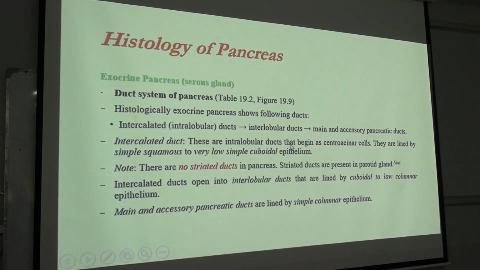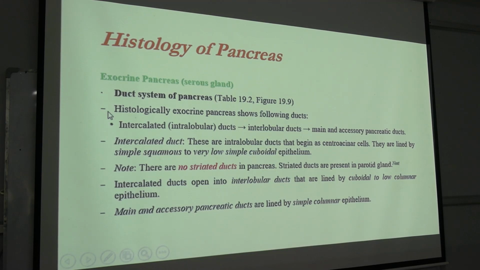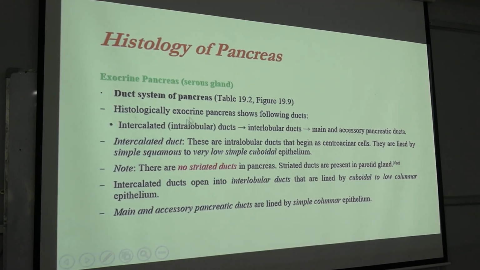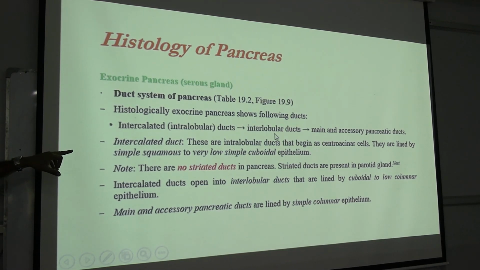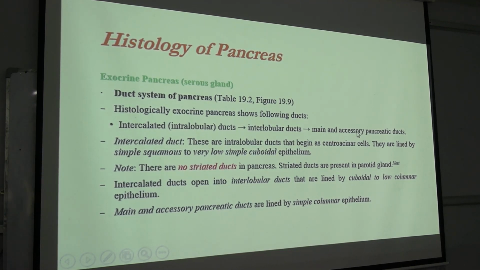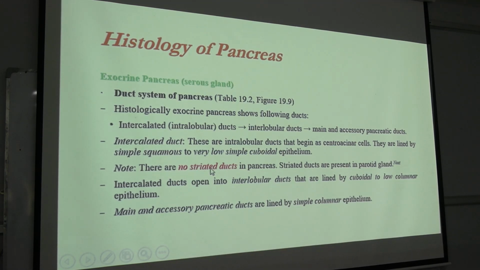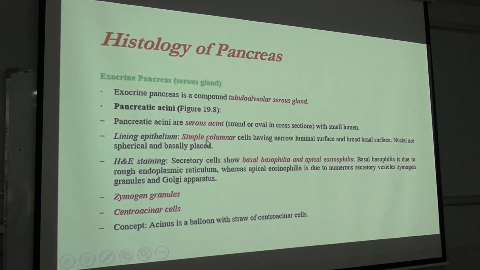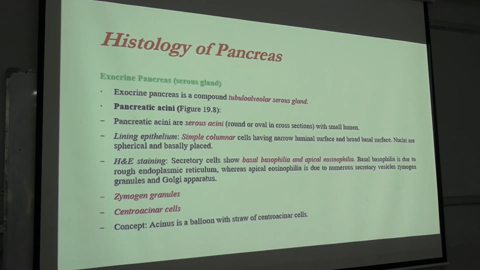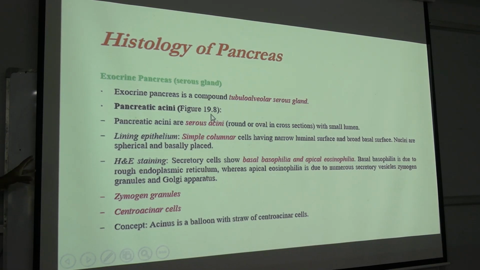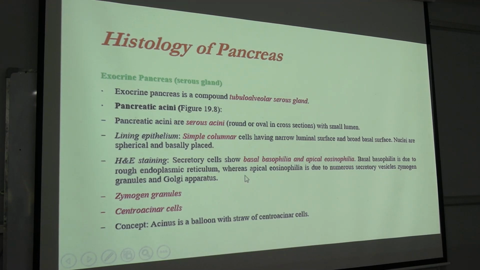Going back to the main point about pancreatic tissue, it has a duct system. Depending on the caliber, the ducts can be classified as intercalated, interlobular and the accessory pancreatic duct. Other than these, the secretory unit is the pancreatic acini, the serous acini, containing watery fluid. These cells produce substances kept in the cytoplasm packed as granules.